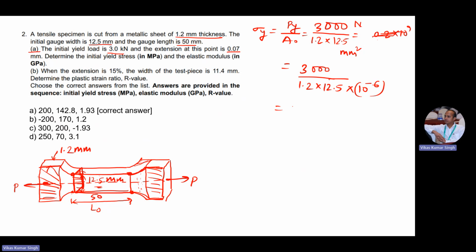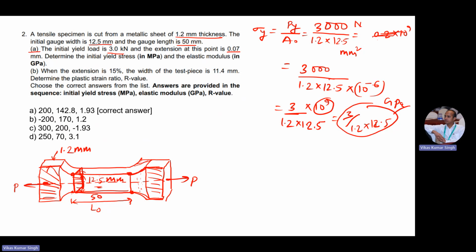So this is going to be 3 into 10 to the power 9 divided by 1.2 into 12.5. If we take this as GPa, this will be 3 by 1.2 into 12.5 GPa. So this is the GPa value.